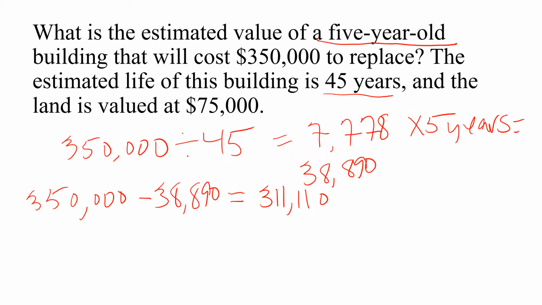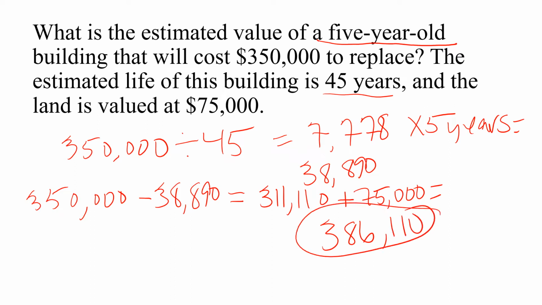Then my lot is worth $75,000, so I can add my lot value to that. It's going to give me an answer of $386,110, and that's going to be the value of the property after 5 years.